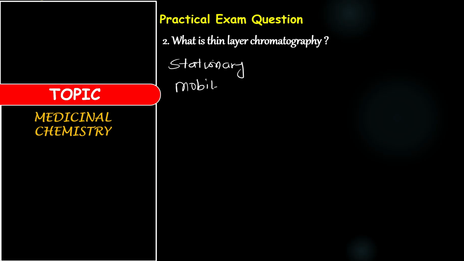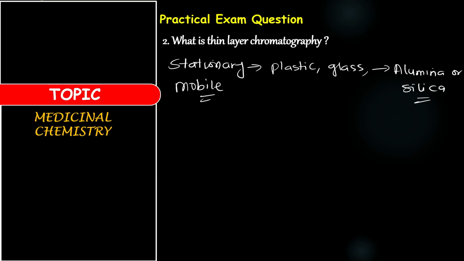The stationary phase is a plastic, glass, or paper that has been impregnated with substances such as alumina or silica, while the mobile phase is a mixture of solvents like hexane and ethyl acetate, ethanol and water, methanol and water, chloroform and methanol. It's a mixture of solvents. Are you getting it now?